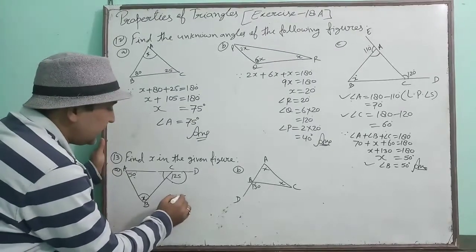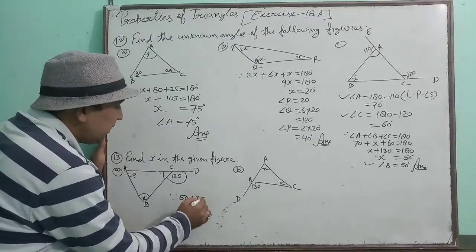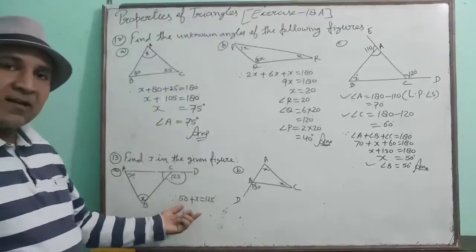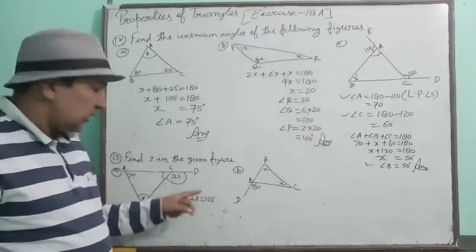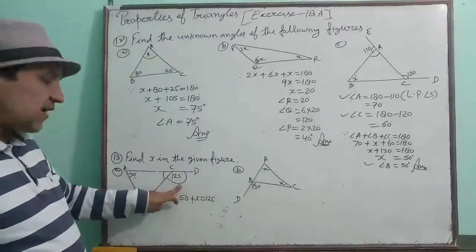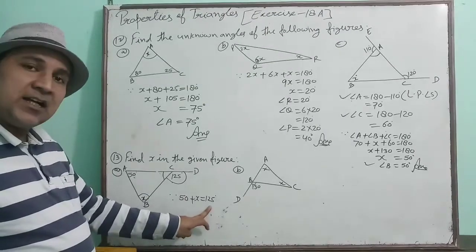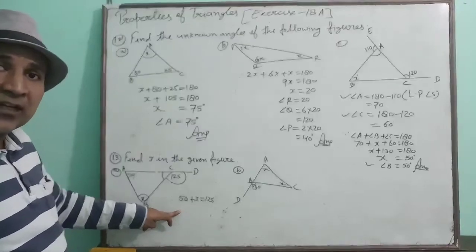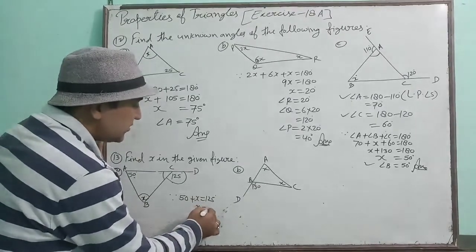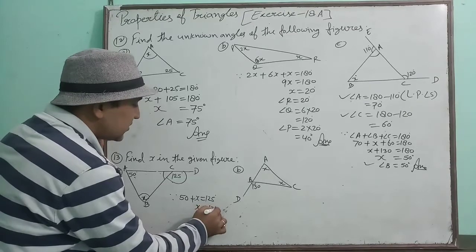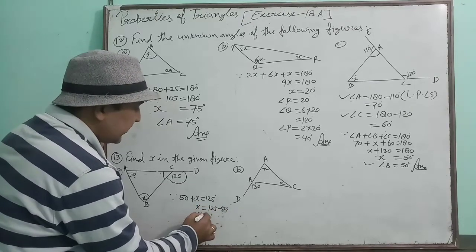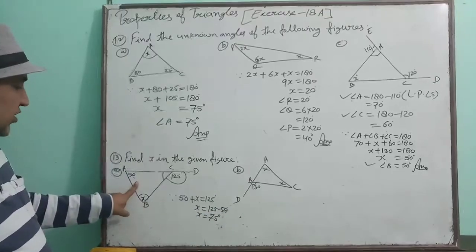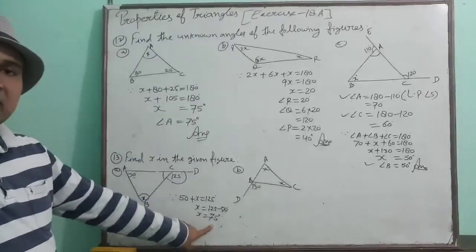So you can write here 50 plus x is equal to 125. Directly you can write, because this property we know. This angle BCD is the exterior angle, and the exterior angle is always equal to the sum of the two interior opposite angles. Now you can find the value of x. 125 minus 50 means 75 degree. So in the first question the value of x is 75 degree.